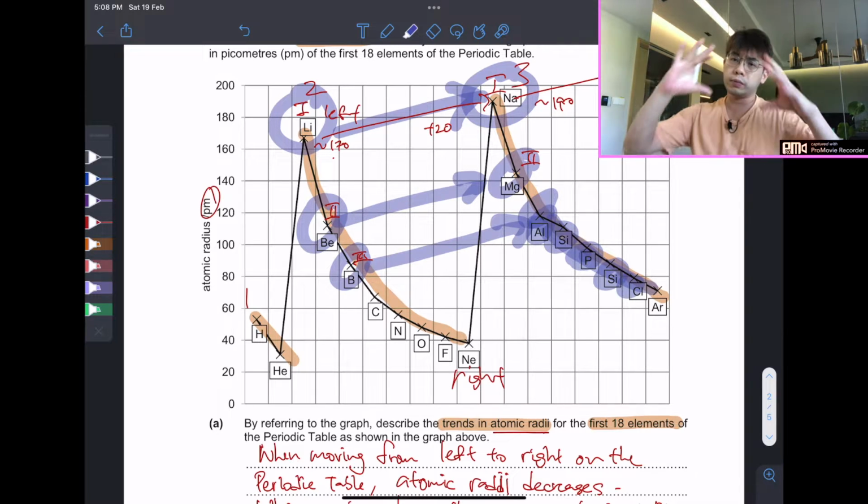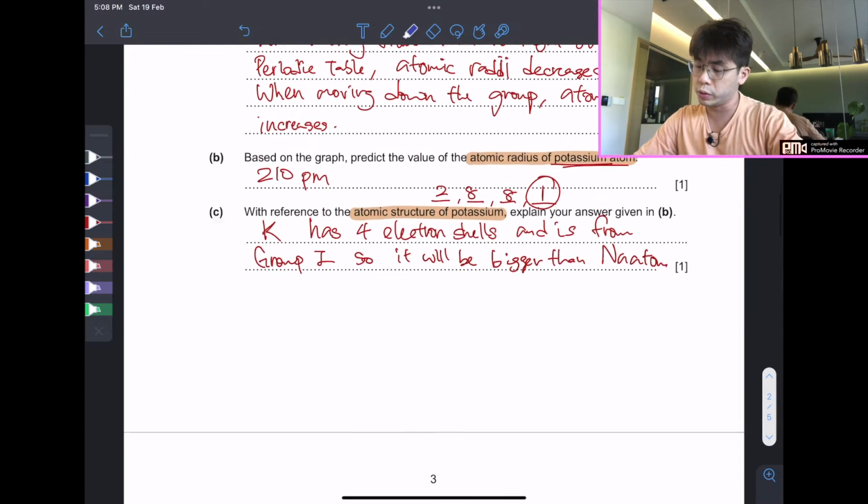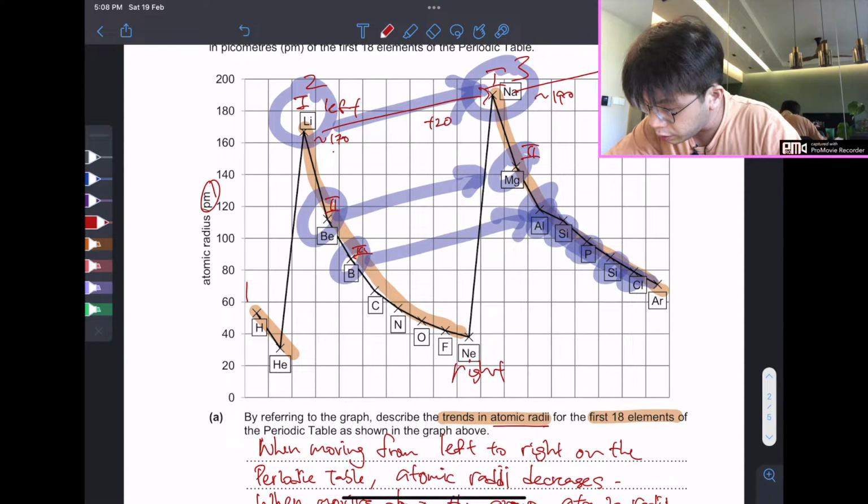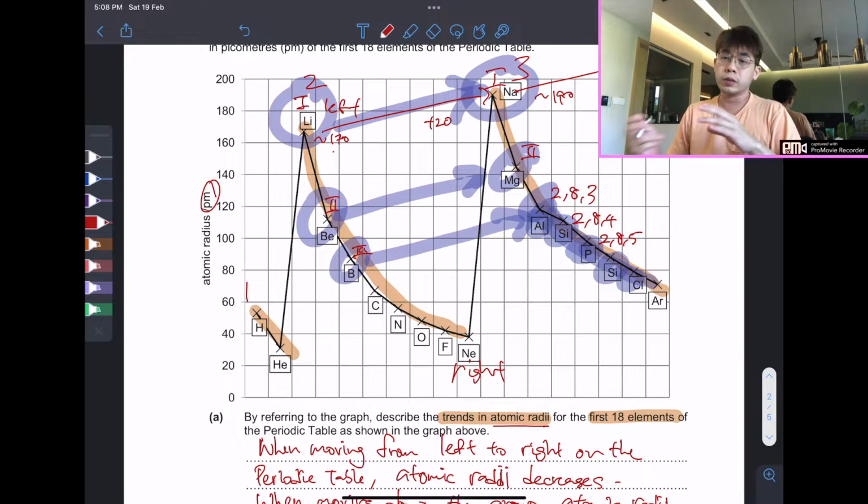So how come the size of the atom keeps going smaller and smaller? Because over here, aluminum should be 2.8.3, this is 2.8.4, this is 2.8.5, and 2.8.6. So it all got 3 shells. So shouldn't the size remain the same, right?